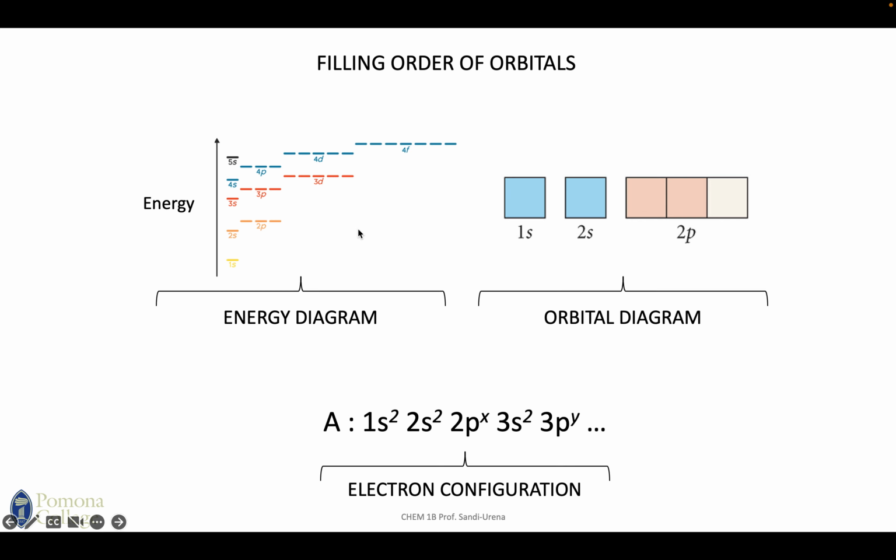Here I have the energy diagram for a multi-electron atom. We see that the orbitals within a shell are not all degenerate, but the orbitals within a subshell are degenerate. And we are going to see how that affects how the electrons fill up the orbitals in an atom.